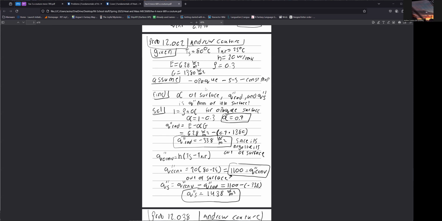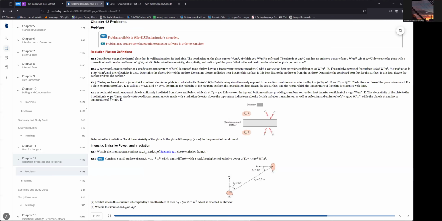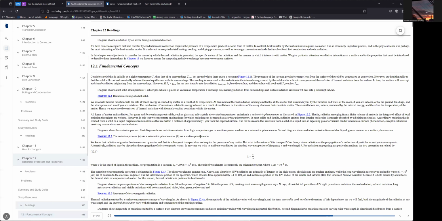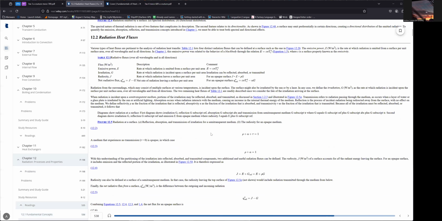So to determine alpha, because it's an opaque surface, there is no tau part of this equation. Normally, this equation would be 1 equals rho plus alpha plus tau. It's at the beginning of the fundamental concepts, right here: transmission of irradiation through the surface.